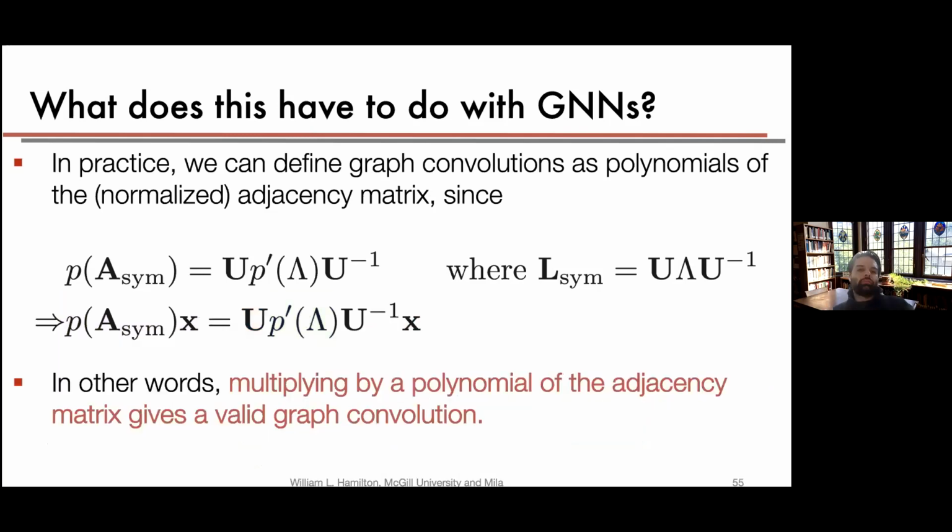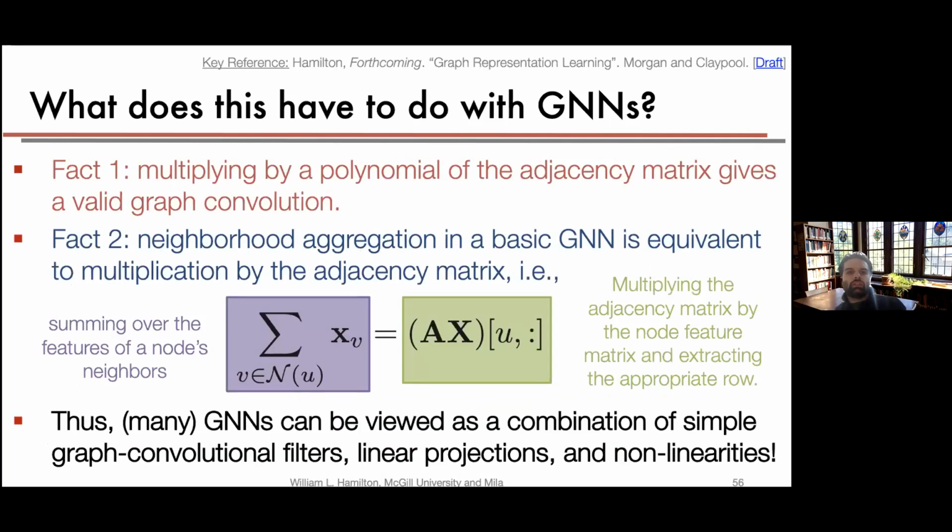Again, the key idea here is that multiplying by a polynomial of the adjacency matrix is a valid graph convolution. What's interesting is that the neighborhood aggregation that we do in a basic GNN, and most GNNs, at least if you squint, has this particular style where one of the key things we're doing is summing or aggregating over the nodes within a particular node's local neighborhood. To get the representation of a node U, we're looking at the nodes within its neighborhood, and that corresponds to a multiplication by the adjacency matrix.